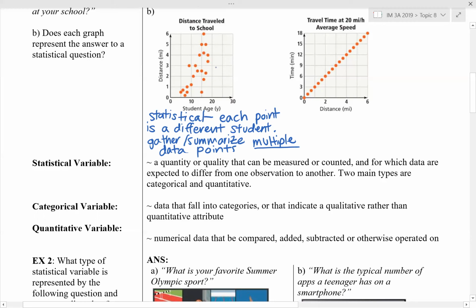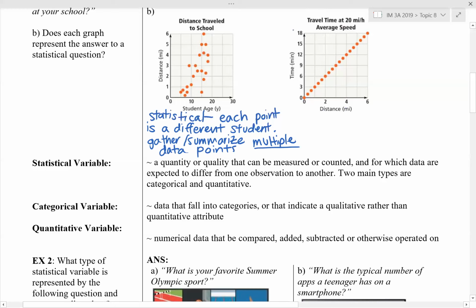The next graph, in B, we have the travel time at 20 miles per hour average speed. The horizontal axis represents the distance traveled. The vertical axis represents the time in minutes.